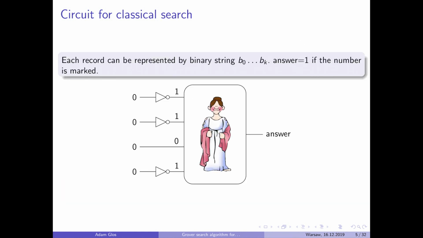Okay, so how can we represent this? Each number has its binary representation. So we can start with all 0 bits, then we can apply NOT gates, and we can prepare our query. So we're asking whether the number 1101 is the one we are looking for, and then the oracle outputs as an answer 0 if it's not marked, and 1 if it's marked.